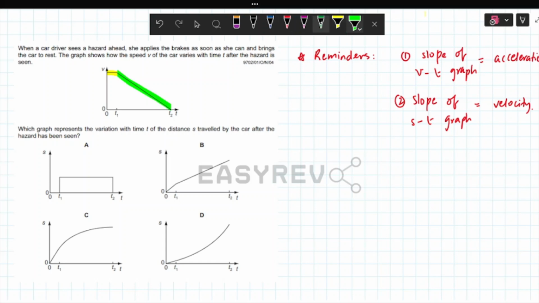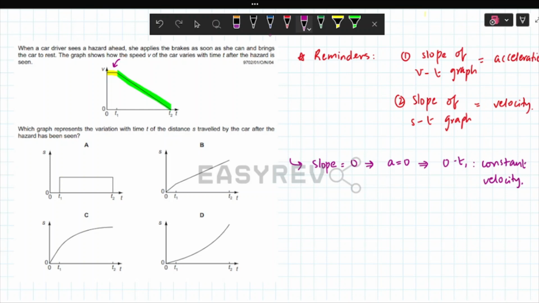Let's look at the yellow portion first. Now for this yellow portion right here, I'll note it with an arrow. We can see here that the slope of this portion of the graph is 0. And for a velocity time graph, that would mean acceleration is 0, which is to say that from 0 to t1 seconds, the object is moving with constant velocity.